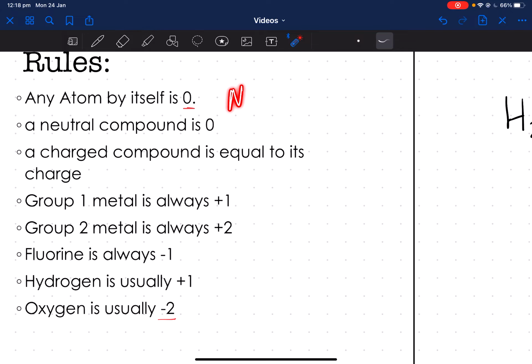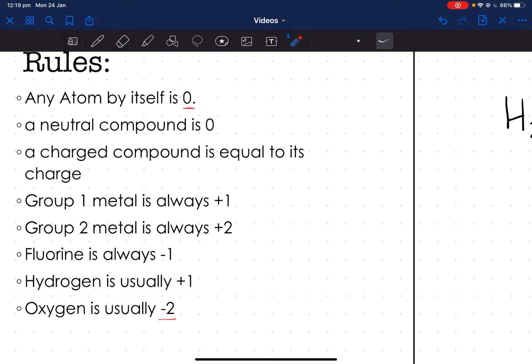So if you have, say, Na plus Cl2 goes to form NaCl, hopefully you can see pretty clearly that both Na and Cl in the reactants have an oxidation number of zero, but when they're combined, they're not going to. So one is going to be losing and one is going to be gaining, and that'll clearly show in the oxidation numbers.